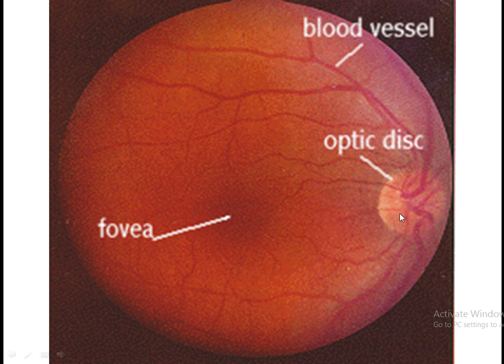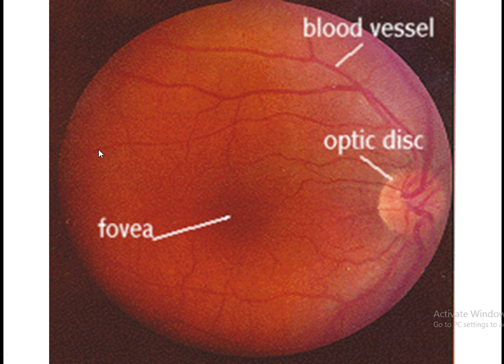This is the area of the optic disc, which is mostly present on the nasal side, while the fovea is the central part, and this is the temporal side of the eye.